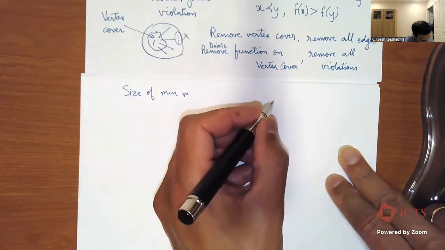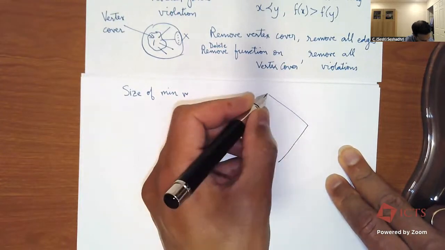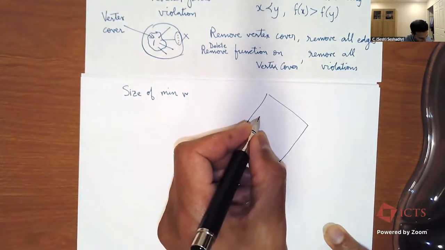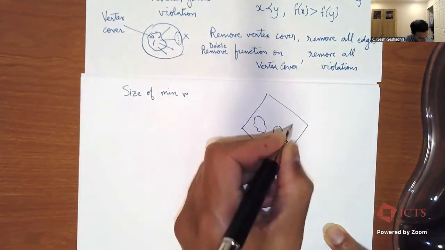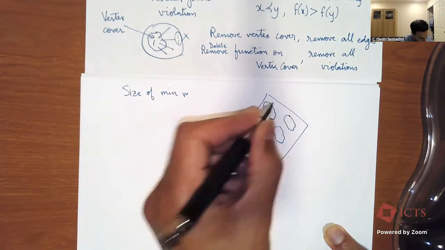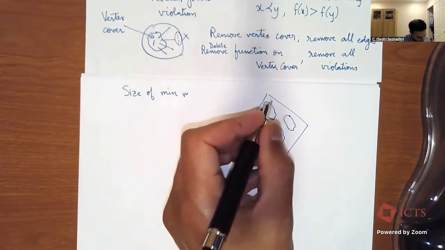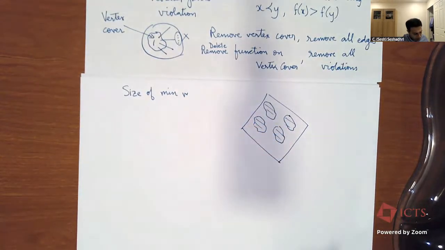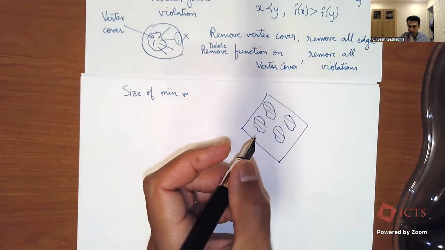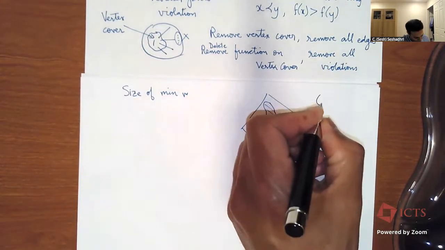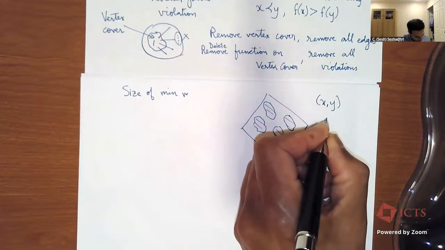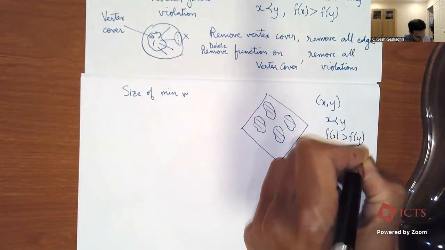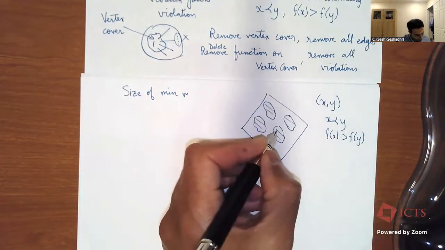So here's my hypercube, and let's just say the vertex cover on the violation graph is this. What does this mean? It means if you take any violation to monotonicity, take any x, y where x is less than y and f of x is greater than f of y, then either x or y must lie in this set.